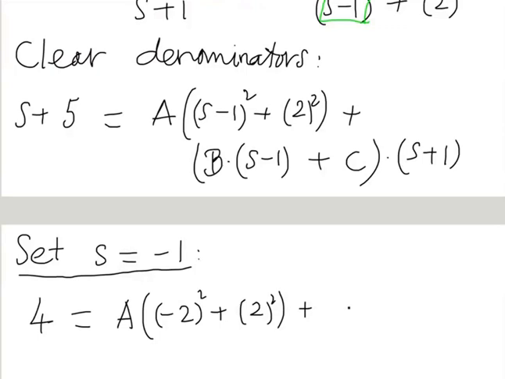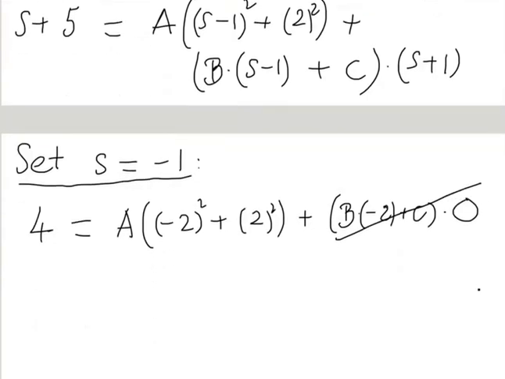We put minus 1 in, we have b times negative 2 plus c, but then it would be 0 because s equal to negative 1. So from here we can solve for a. 4 equal to 8a, which gives us a is a half.